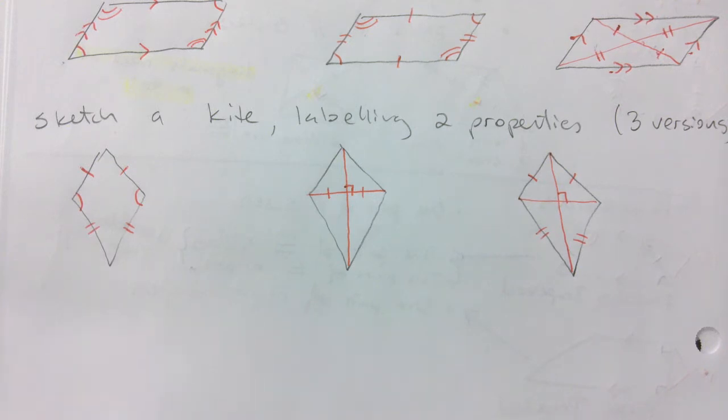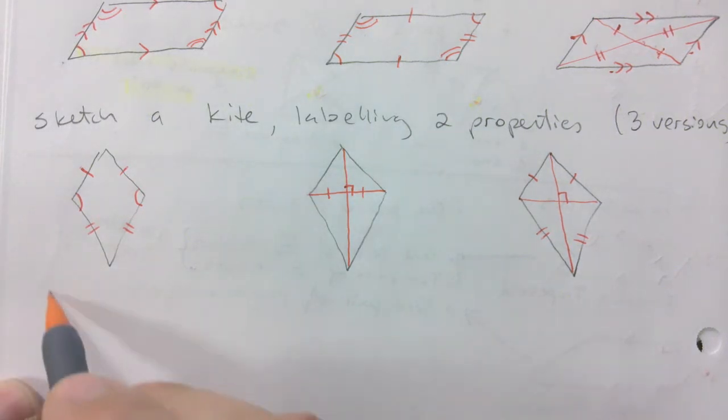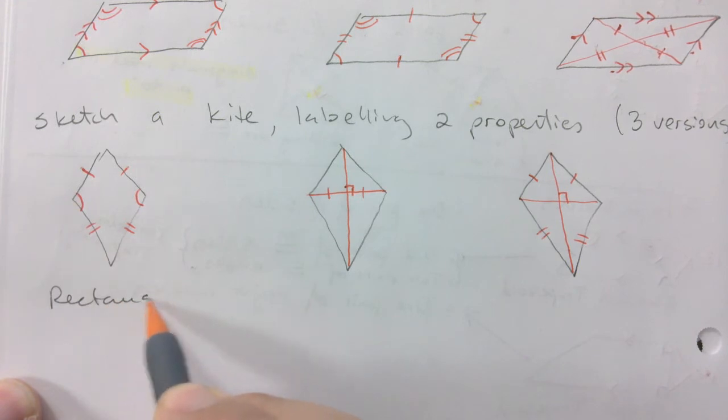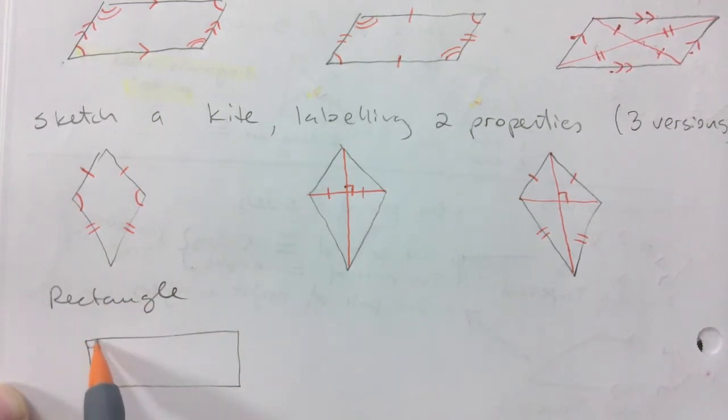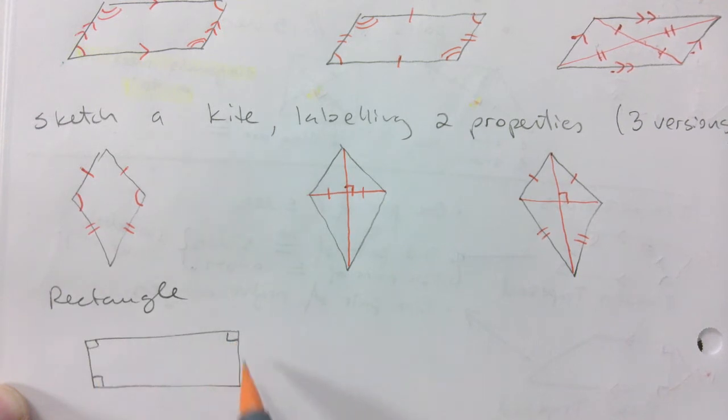And I could do this in several ways. Like somebody's looking at a chocolate bar. Tell me why that chocolate bar is a rectangle. Right? If I asked you for a rectangle, you could just say, well, it has 4 90-degree angles.